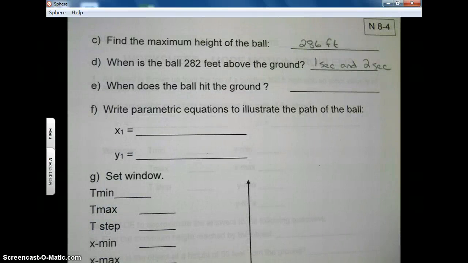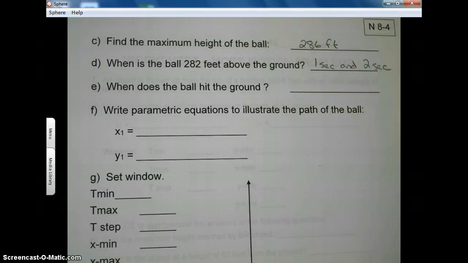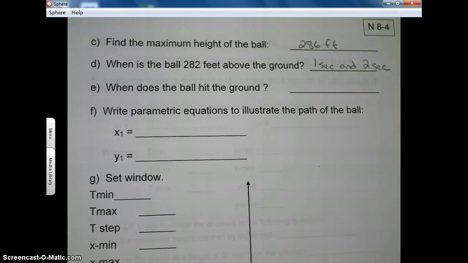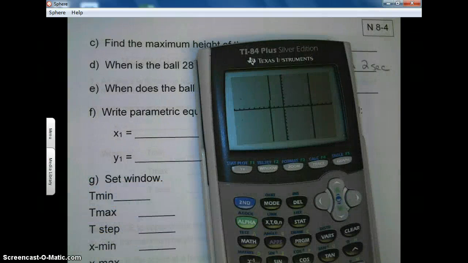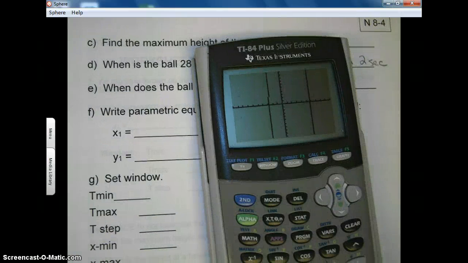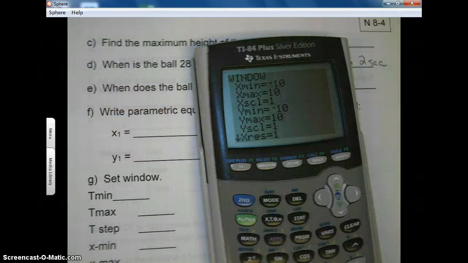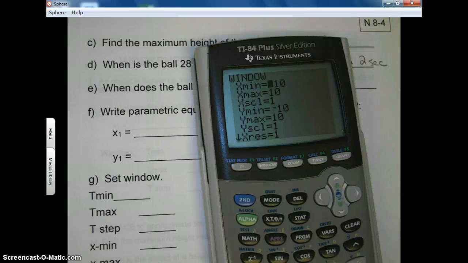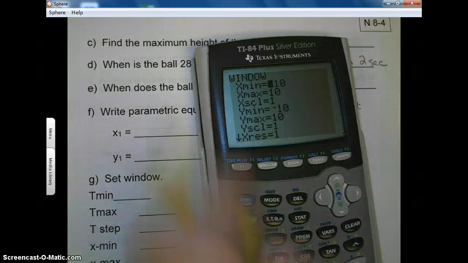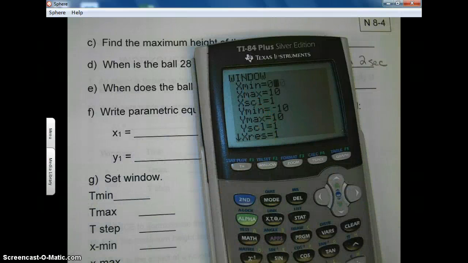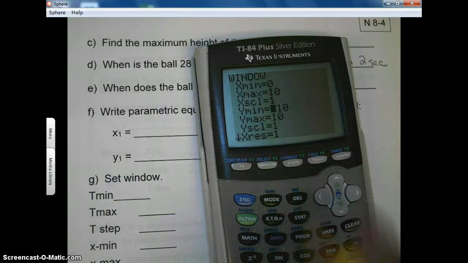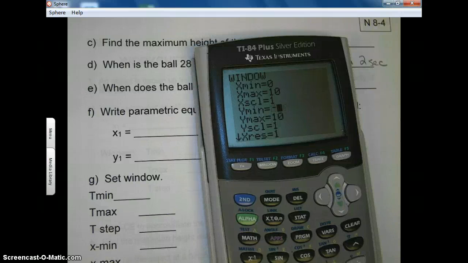Alright, let's zoom back to a standard window. I did not want to do that, but it messed it all up because I had set my window up so that it would be right: X minimum 0, X maximum 10, Y minimum a little bit below the ground, and we know the maximum height is 286, so I'm going to go up to 300, going by 25s.